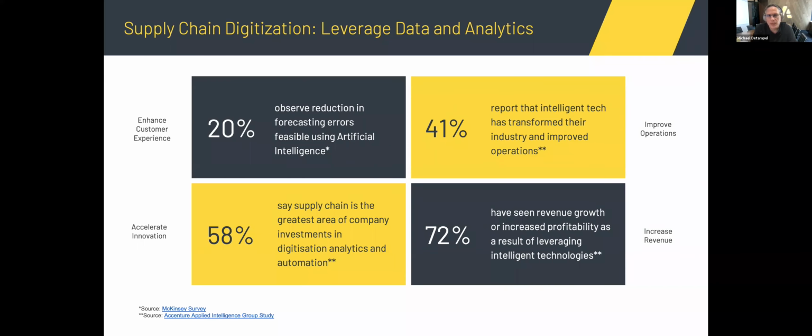But we're seeing a few other trends culminate right now and really drive more interest in analytics.